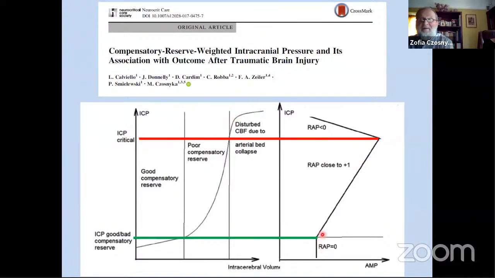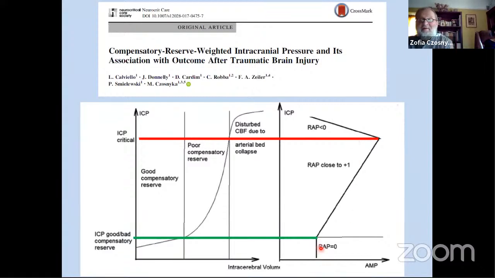If we plot amplitude here, this lower breakpoint of the amplitude-pressure curve means good compensatory reserve, then it increases, and above this breakpoint we see a decrease in the pulse amplitude. This decrease is associated with the rise of intracranial pressure to a very high value, when it obstructs normal cerebral blood flow.